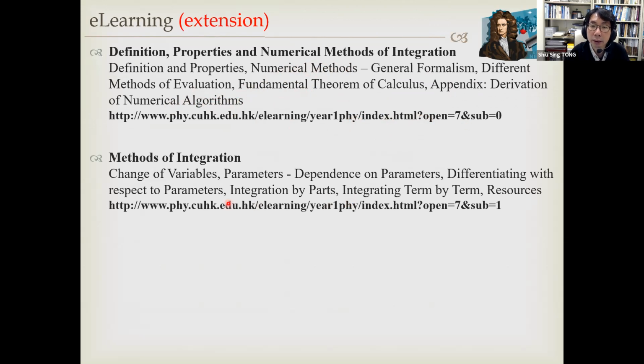Okay. And this part simply introduces to you different methods of doing the integration, and it goes a little bit beyond what I said in lecture. Okay, so that is a useful reference for you.